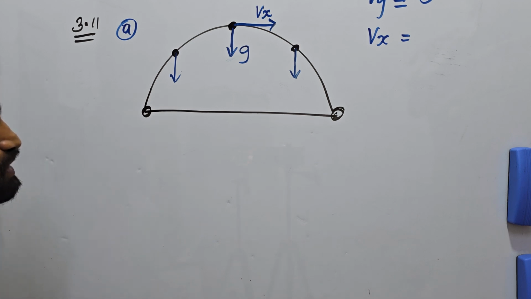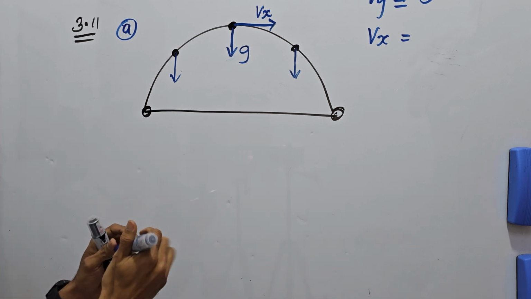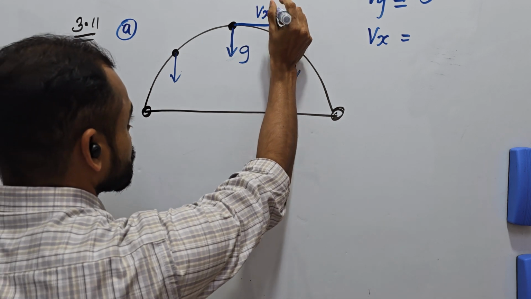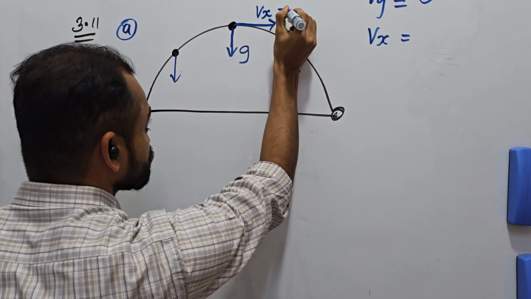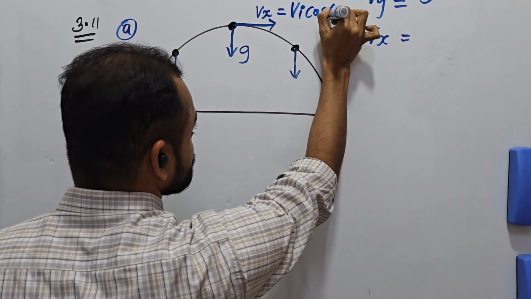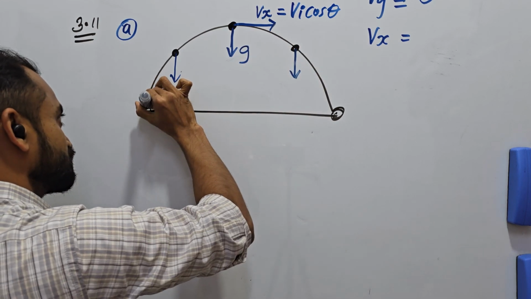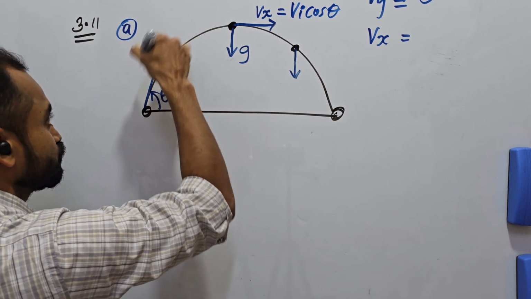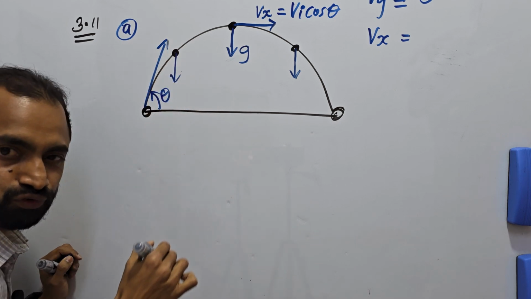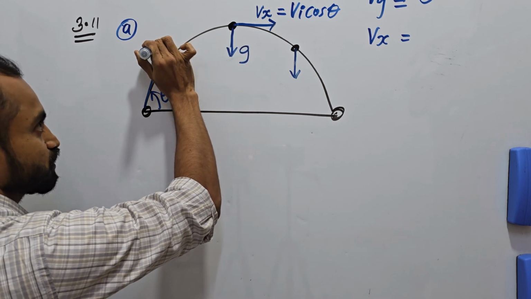Here we do not have any value for Vx, but in any projectile motion, Vx will always be Vi cos theta. This angle is theta, and Vi is the initial velocity. If you are kicking a football, at the time you kick the ball you are giving a velocity to the ball.